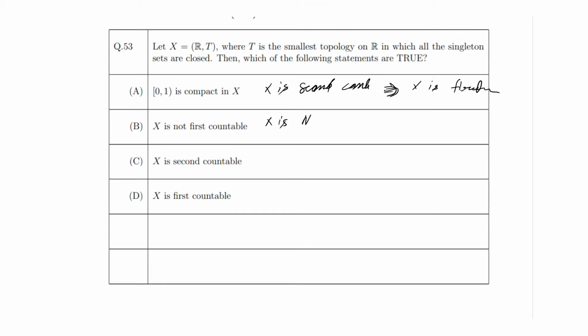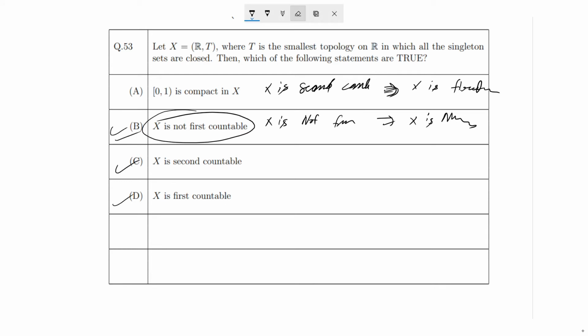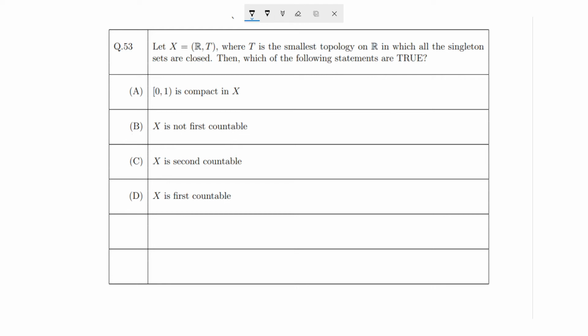If X is not first countable, this implies X is not second countable. So if we show that X is not first countable, then options C and D are both discarded. So for this we have to know directly that this cofinite space is not first countable.